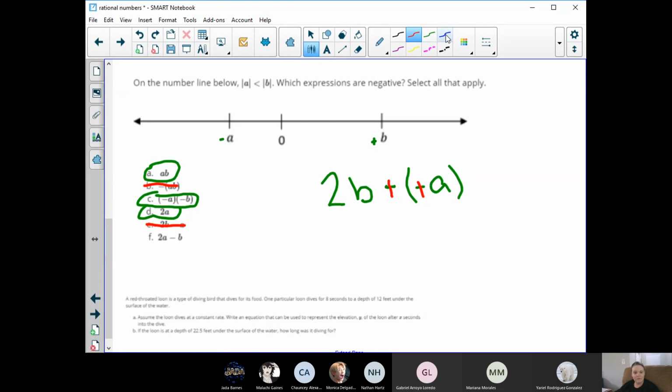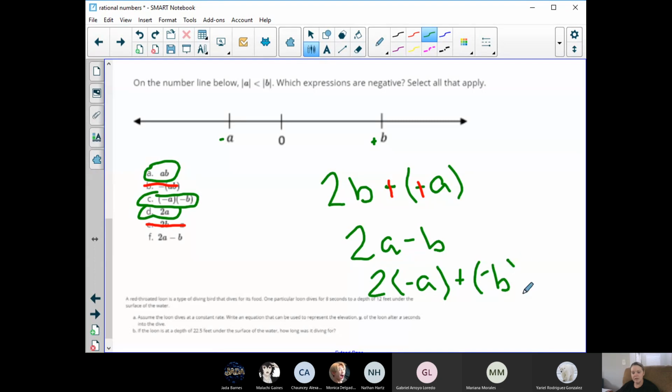All right, and the last one we have is 2A minus B. So 2 times negative A minus B, if we change this to addition, would be plus negative B. Is that going to be a positive or a negative?